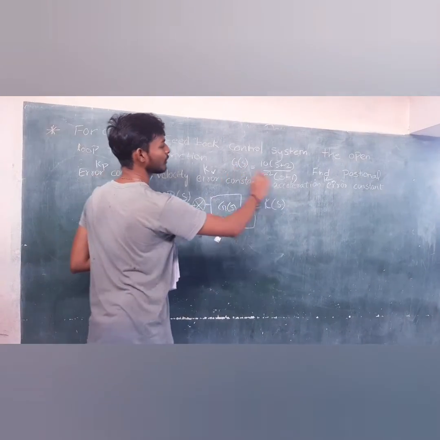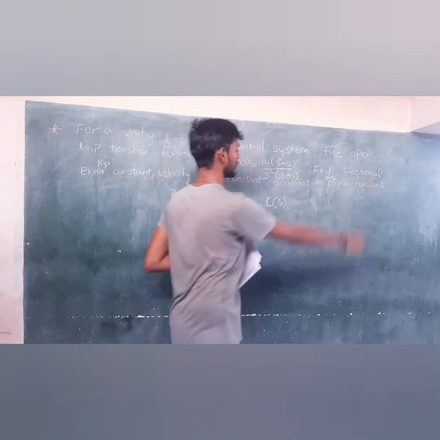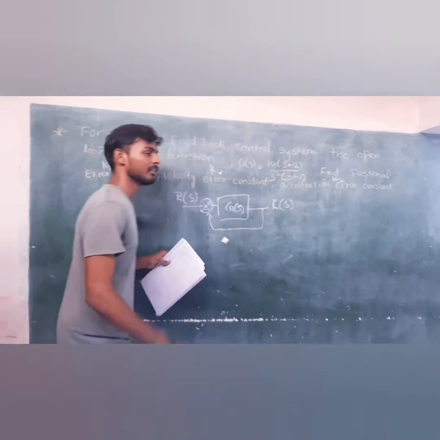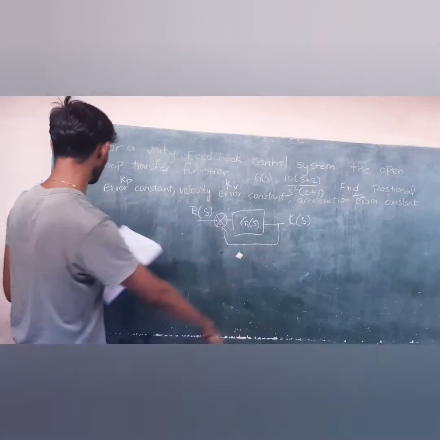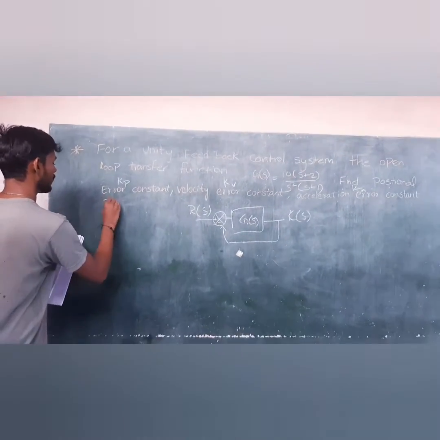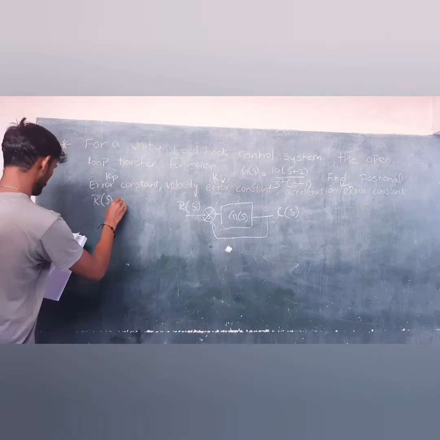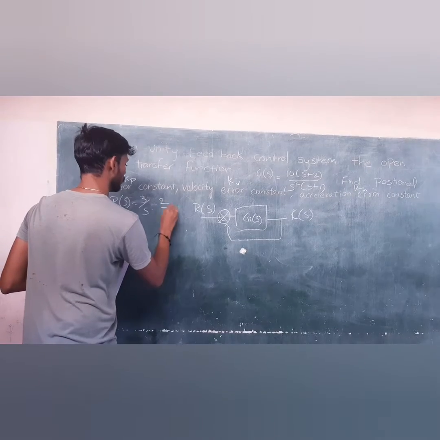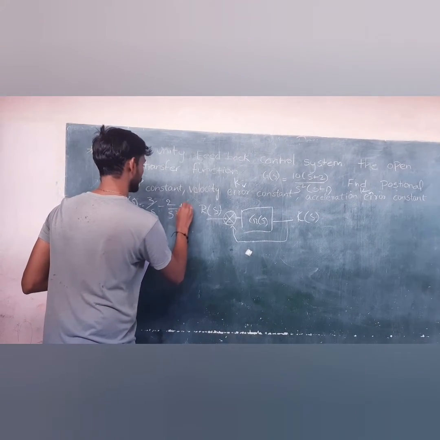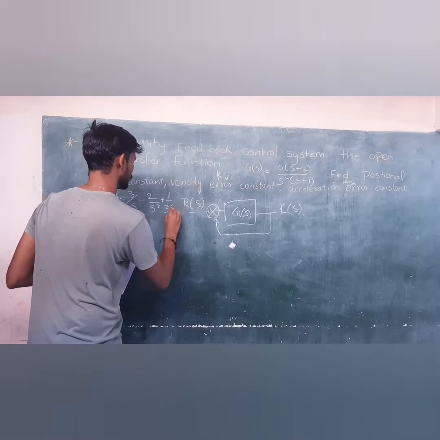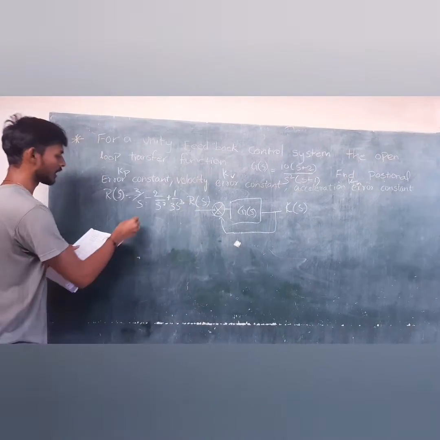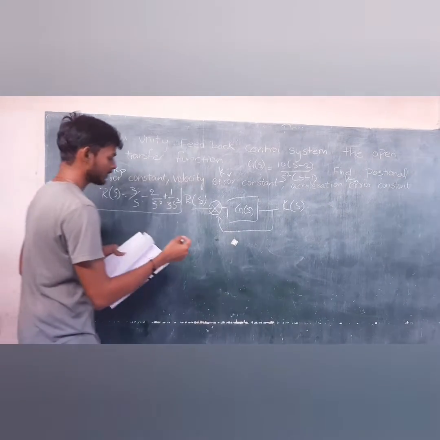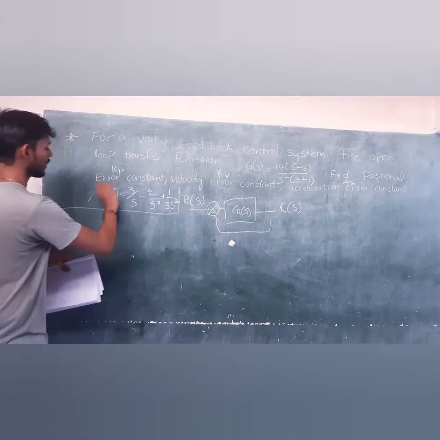So we have to find the positional error constant, velocity error constant, and acceleration error constant, and finally we have to substitute in this R(s). R(s) is given as 3/s - 2/s² + 1/(3s³). Finally, we have to find the steady state error by substituting R(s).